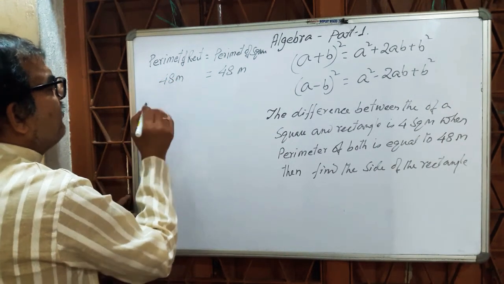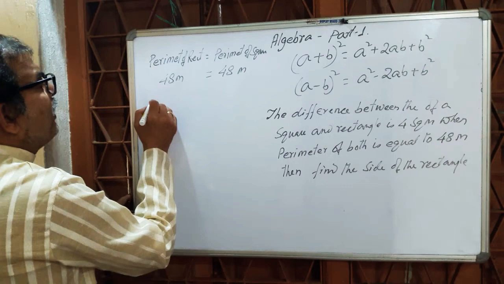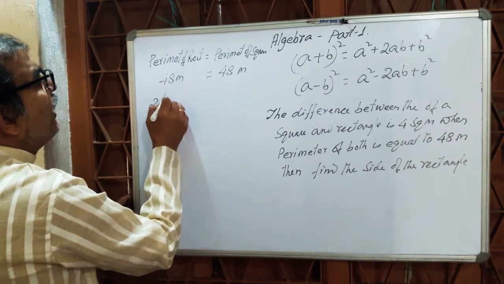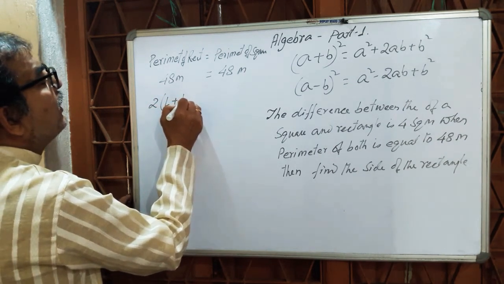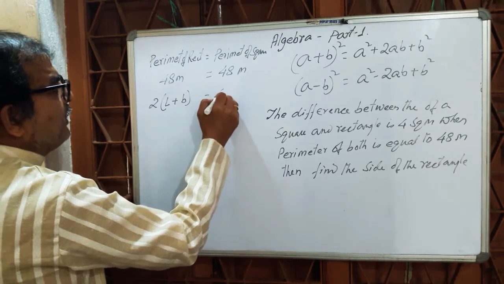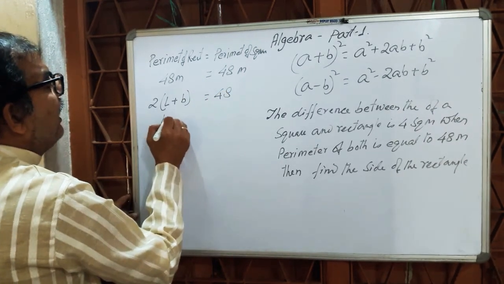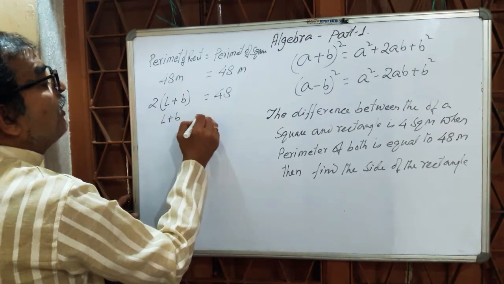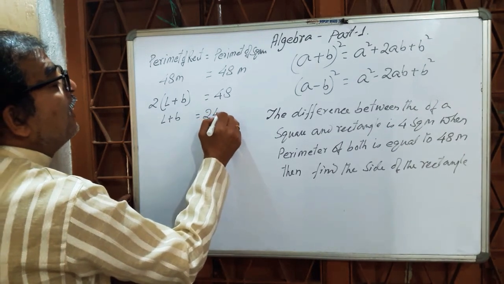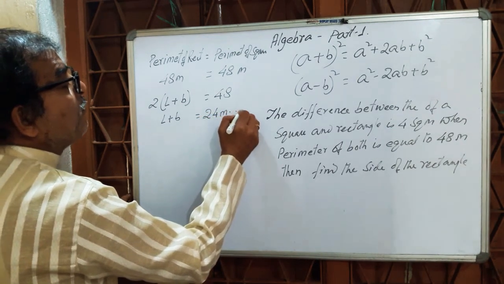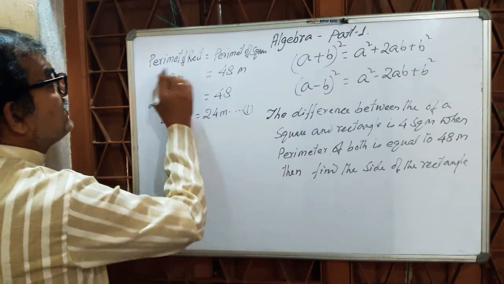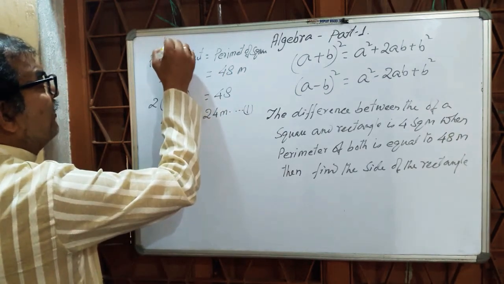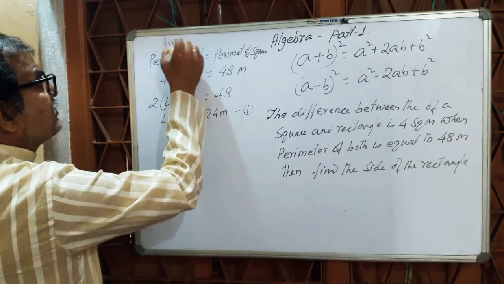Now I don't know what L and B are, so I write 2 into L plus B equal to 48 meter. Therefore L plus B equal to 24 meter. I have just solved from the given things. Always write the given first.